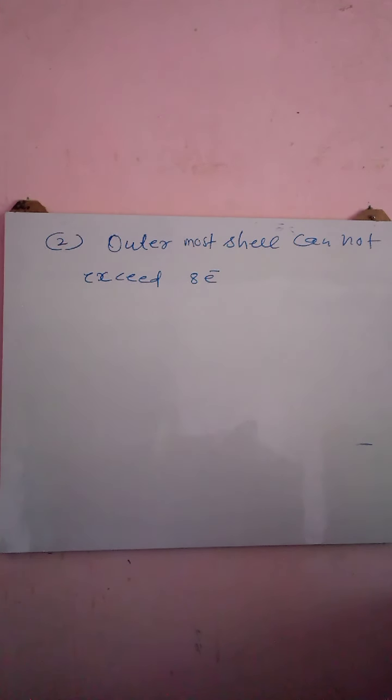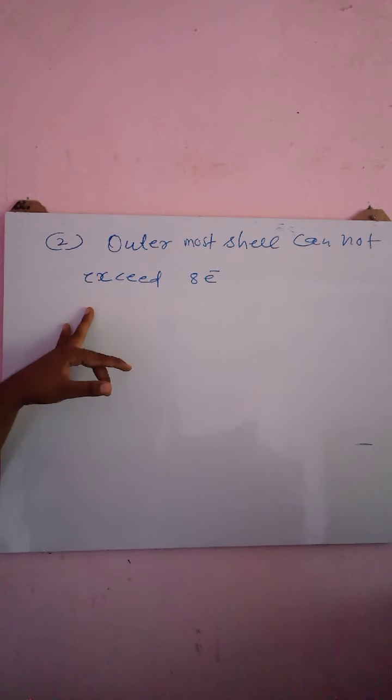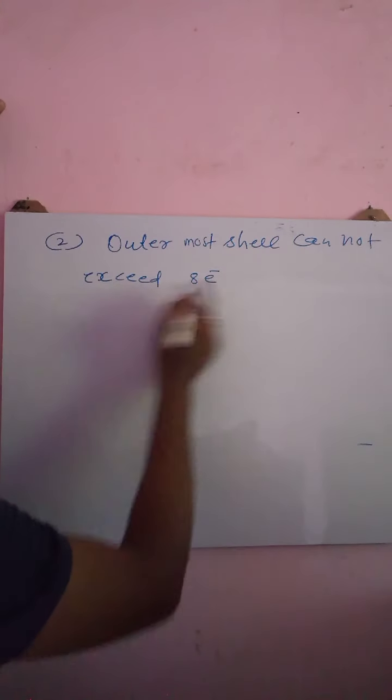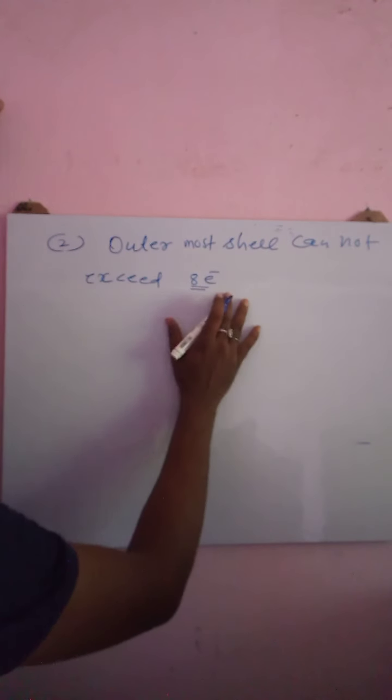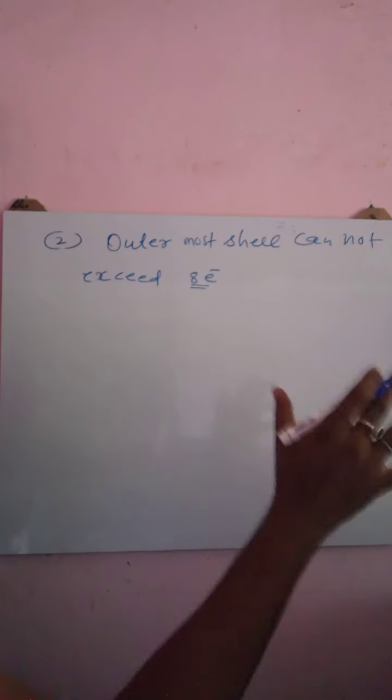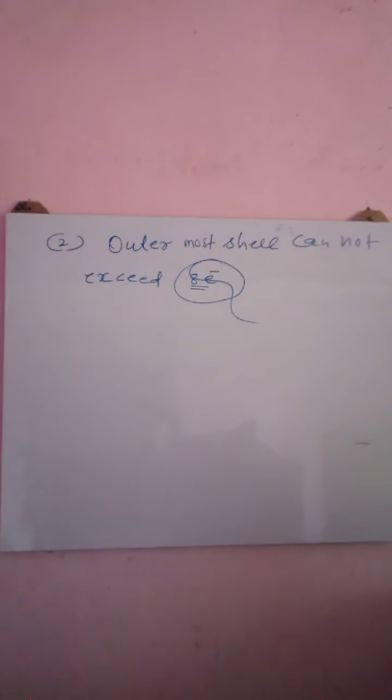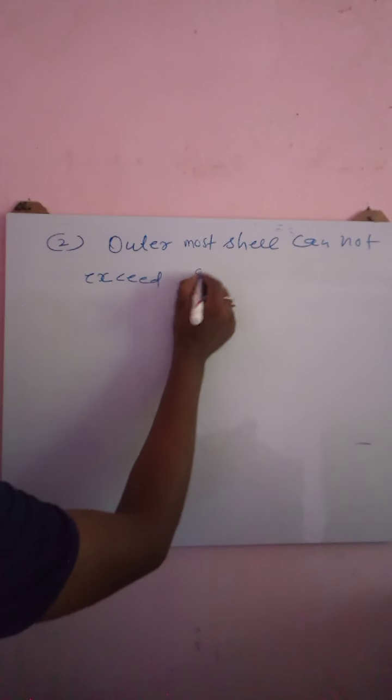I hope you understand this sentence. I will explain it again. The outermost shell cannot exceed 8 electrons means the outermost shell cannot accommodate more than 8 electrons.